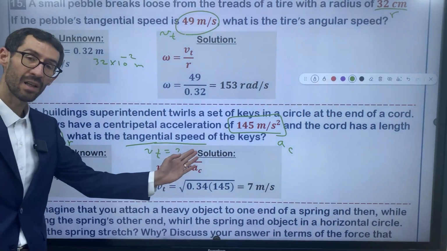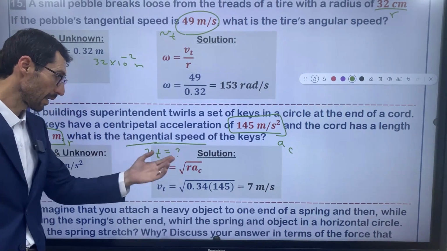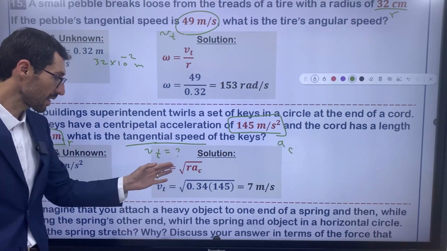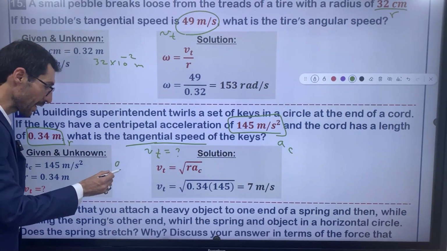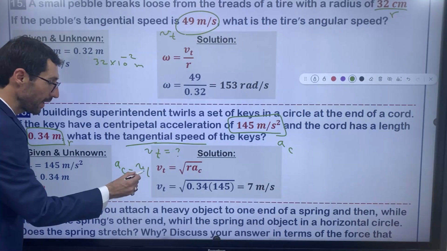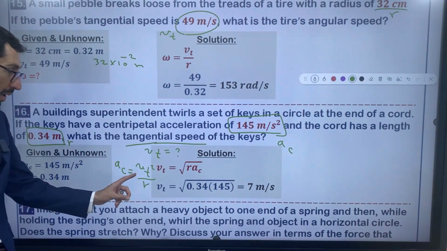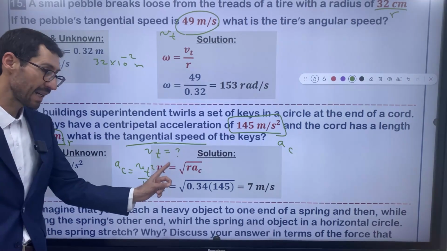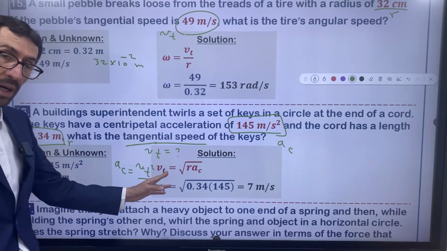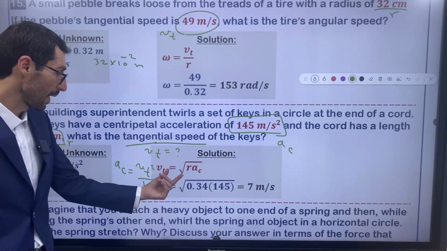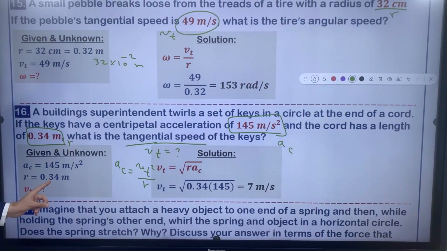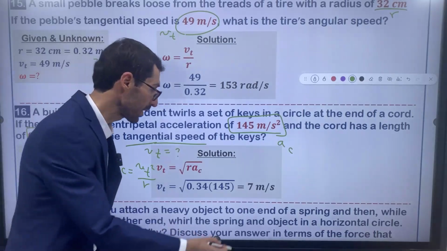Vt is equal to radical R AC, and this is the rearranging of this rule: AC is equal to Vt squared over R, right? You look for Vt, that's why Vt becomes radical RAC. Vt is equal to radical of 0.34 multiplied by 145. We don't have any conversion because the units are unified, and the answer will be 7 meters per second.